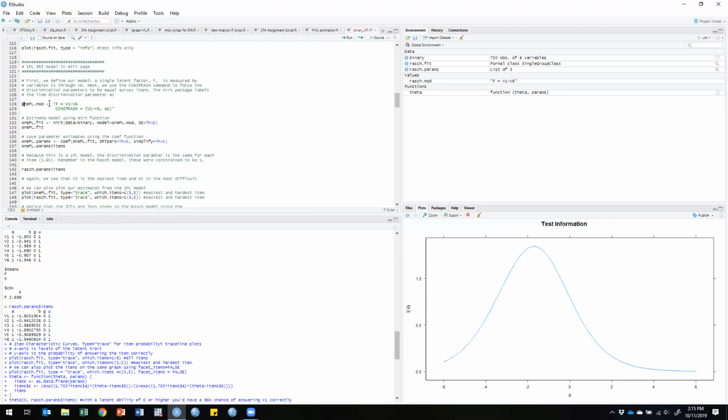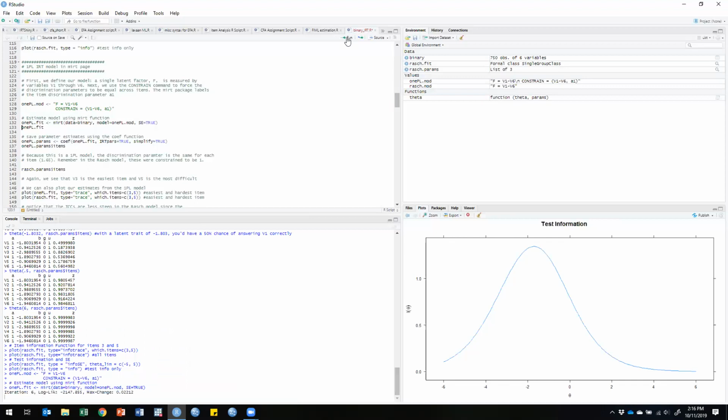And so that's what we're telling it here when we're defining a 1PL model, that our factor is measured by variable 1 through variable 6. And we want to constrain what mirt calls the discrimination parameter, A1. We're going to constrain A1 to be equal for variables 1 through 6, is what we're saying here.